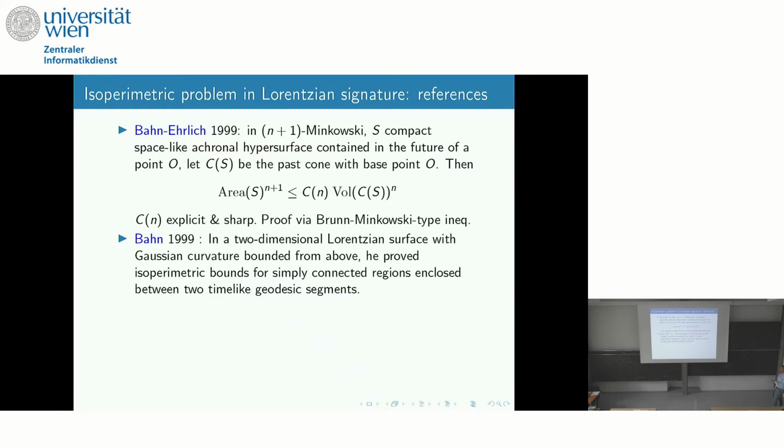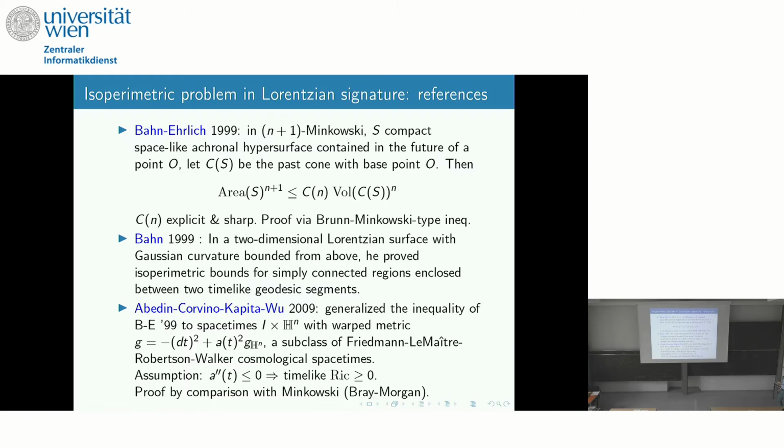And Bahn, in the same year, studied the isoperimetric problem in the Lorentzian setting in dimension 2, for Lorentzian surfaces with Gaussian curvature bounded from above, and he proved isoperimetric bounds for regions of this form. So you have two geodesics, which are time-like, and they bound a simply connected region.